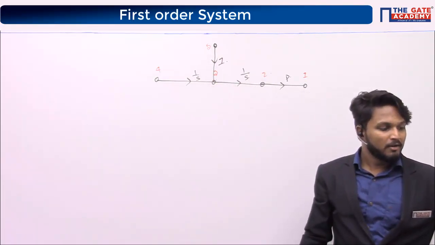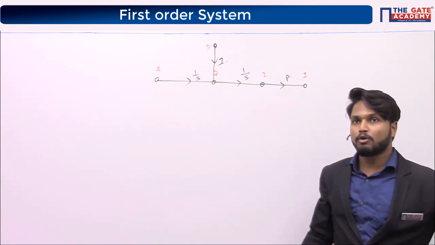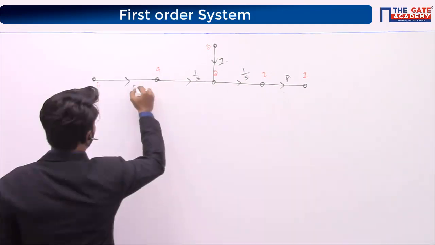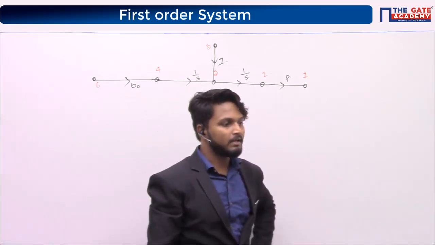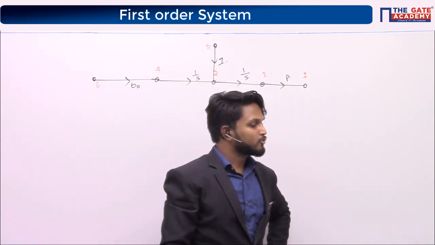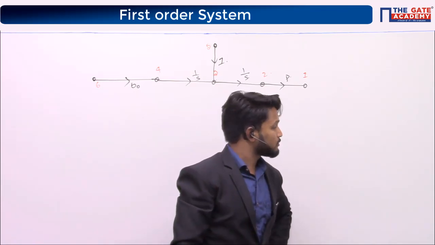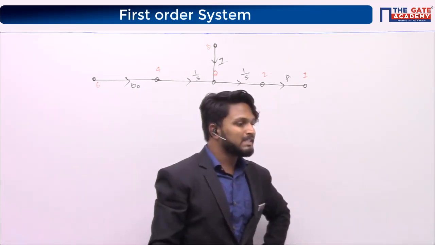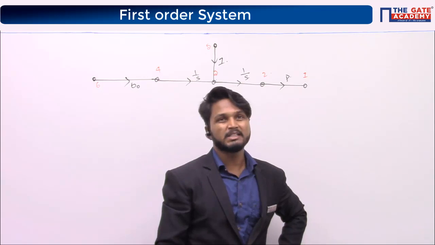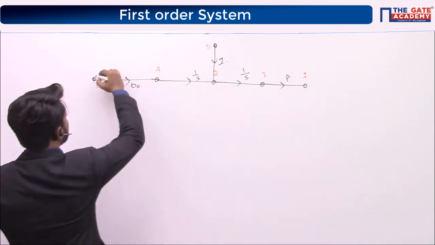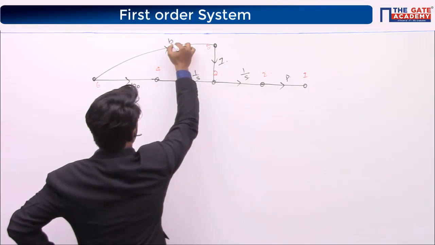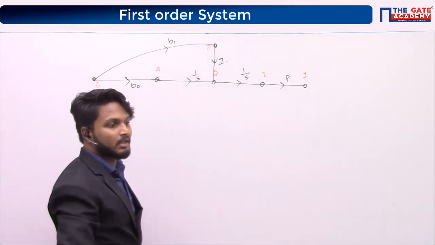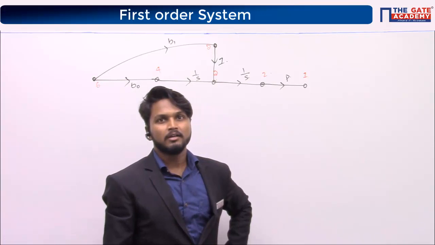So there is one more node here, let us say this is 6. Between 6 and 5, there is B1 connected. What is the direction? This direction, right?